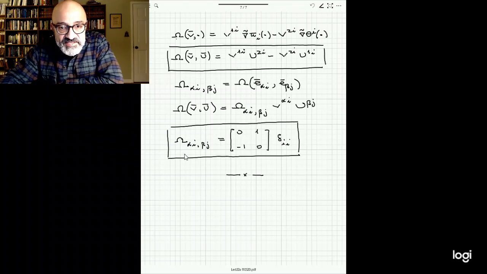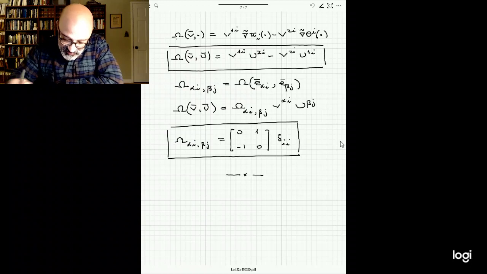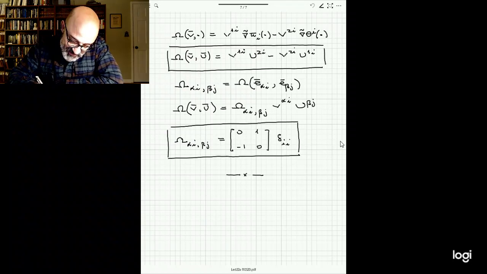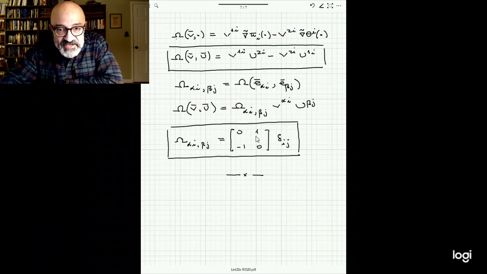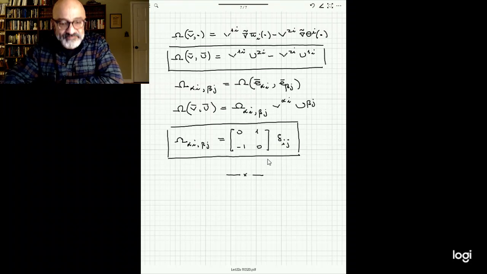The tensor that we have obtained is very, very simple. It's diagonal when it comes to the ij indices, but it is anti-symmetric and off-diagonal when it comes to the indices that relate theta and pi. In the next section, we're going to see why this tensor is really important. See you then.